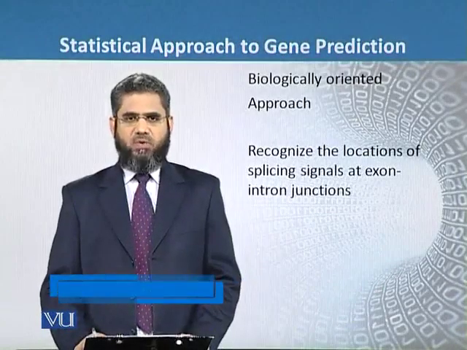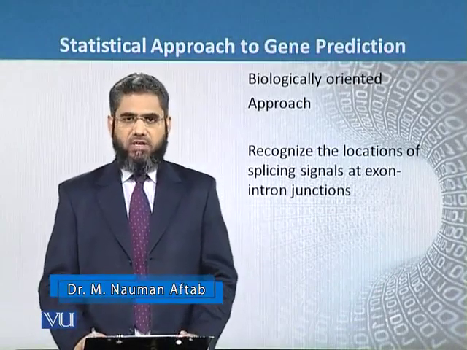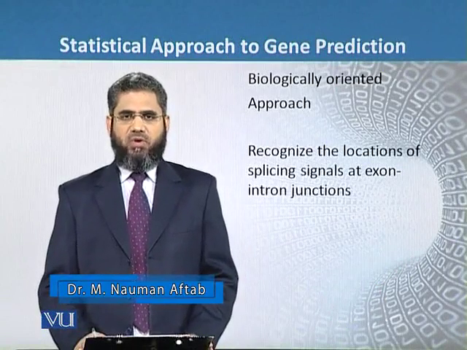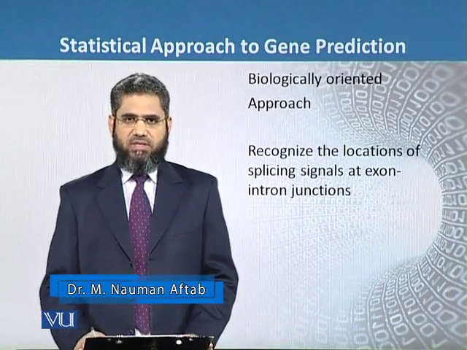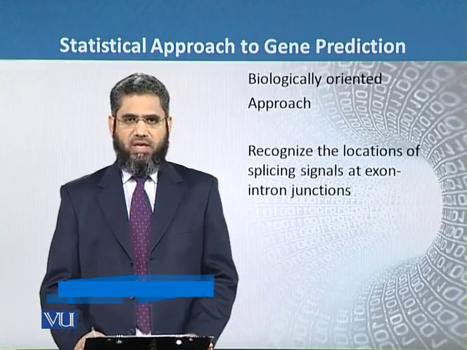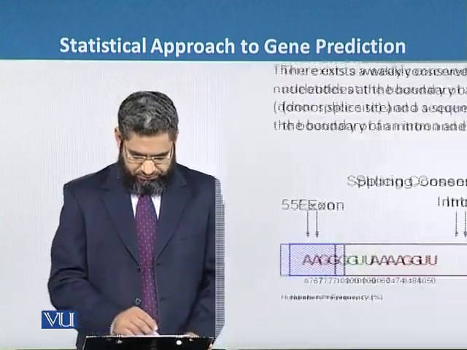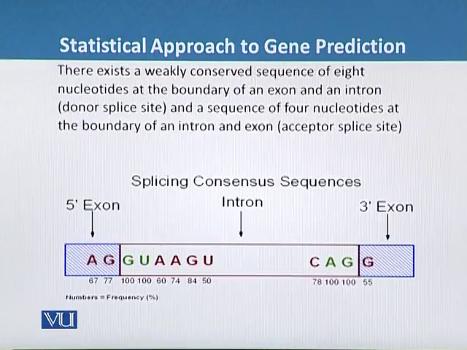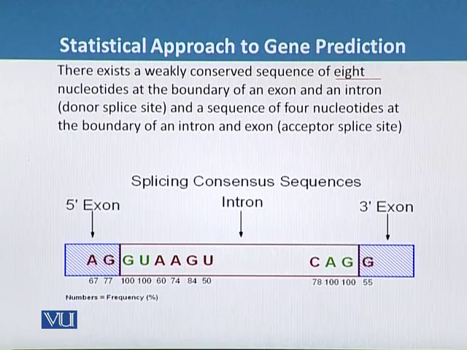Many researchers have used the biologically oriented approach to find the location of the splice signals in the intron-exon junctions. So we can see here there exists a weakly conserved sequence of 8 nucleotides at the boundary of the exon and introns.